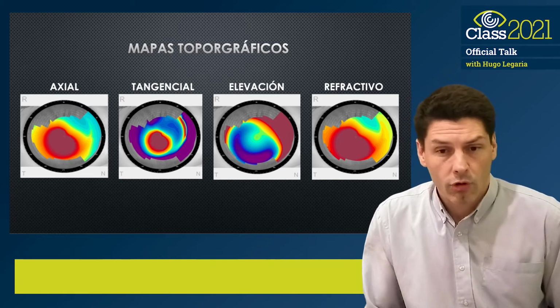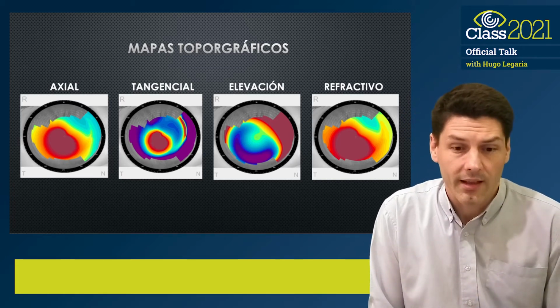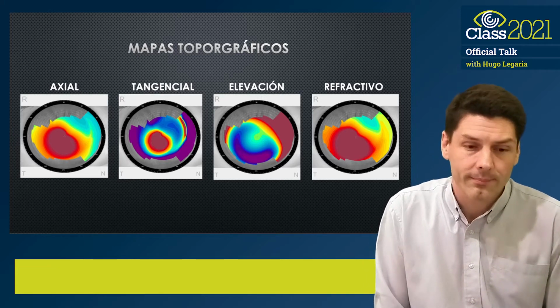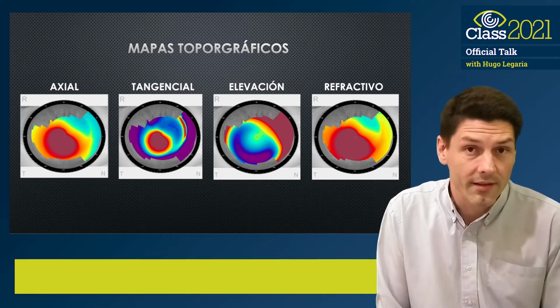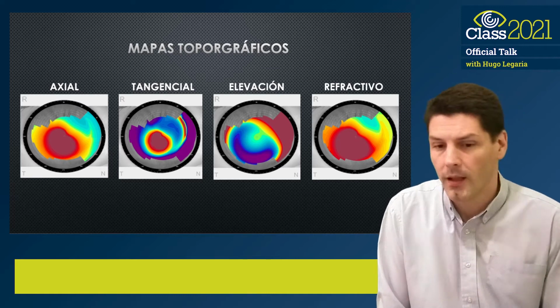When we work with topography, we have to know that we have 4 available maps, and these are 2 of curvatures, these being the axial and the tangential.